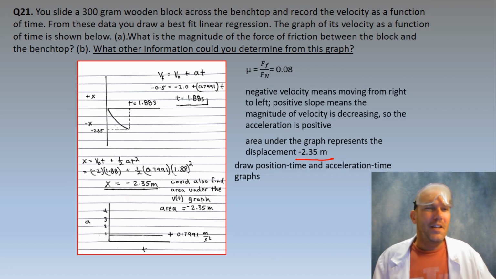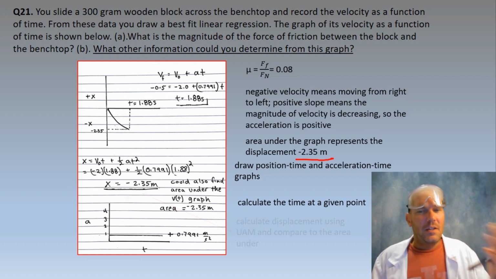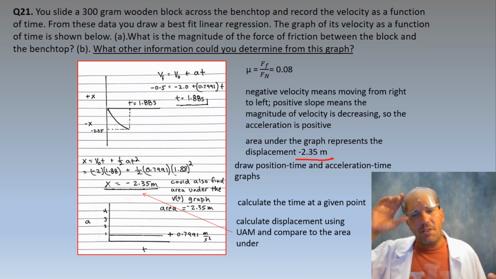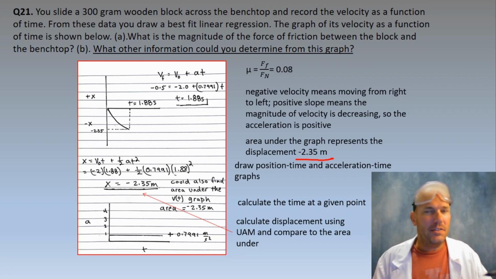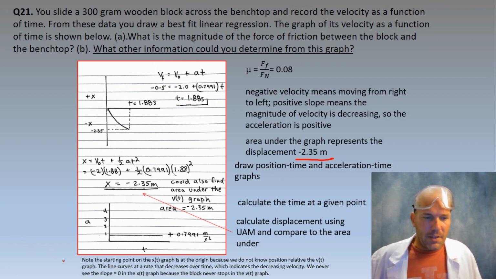So cool. So it's amazing what we can do just from that one graph of information. Okay. Calculating time, and again, we're looking at the displacement using a UAM, and it's the exact same as the area under. Very cool.